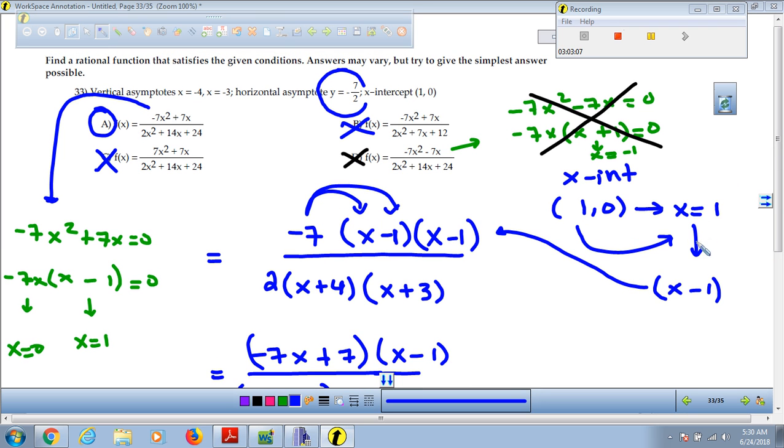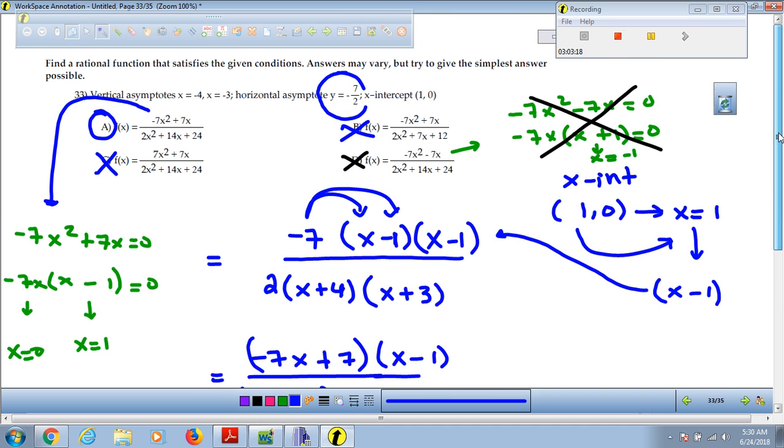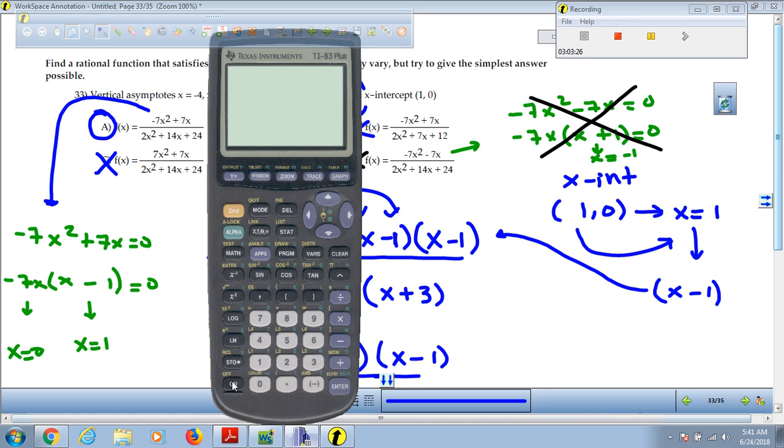Okay, so that is basically how to figure this one out. What is another thing you could do? You could graph them, put in parentheses on the numerator and on the denominator. You could do that too.